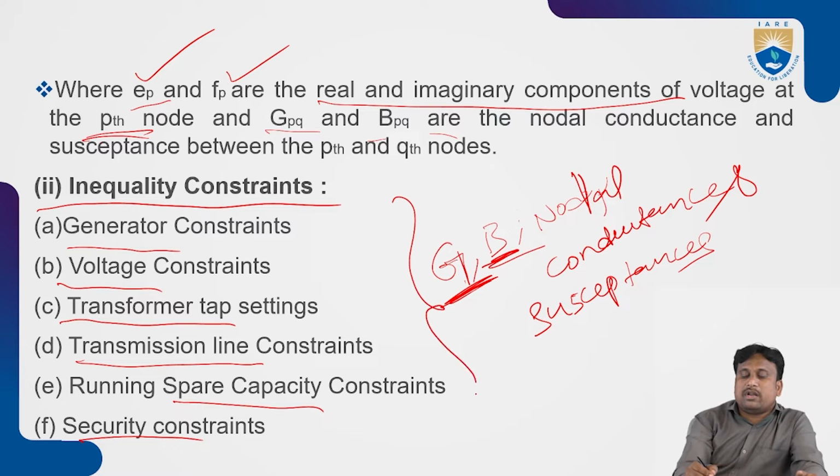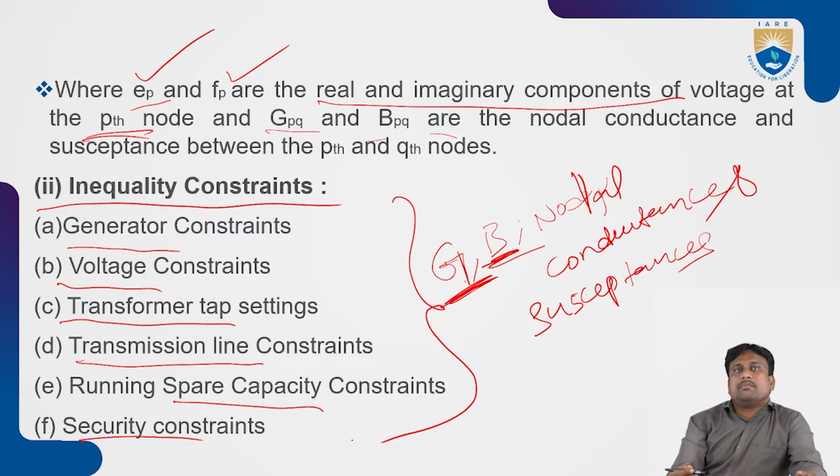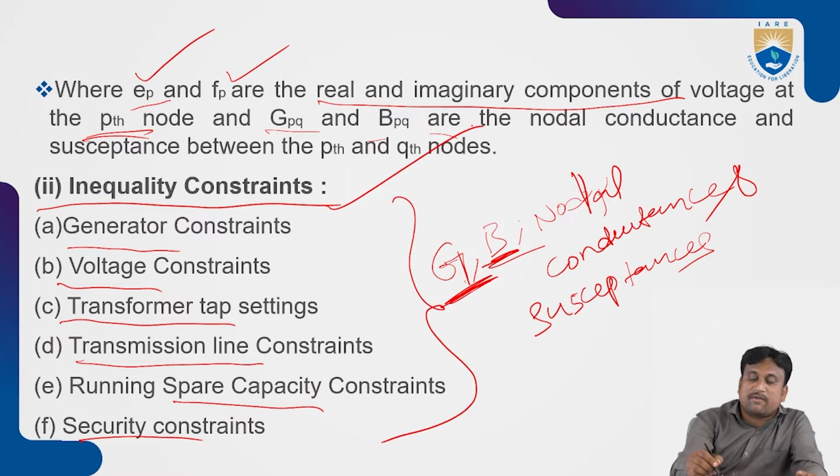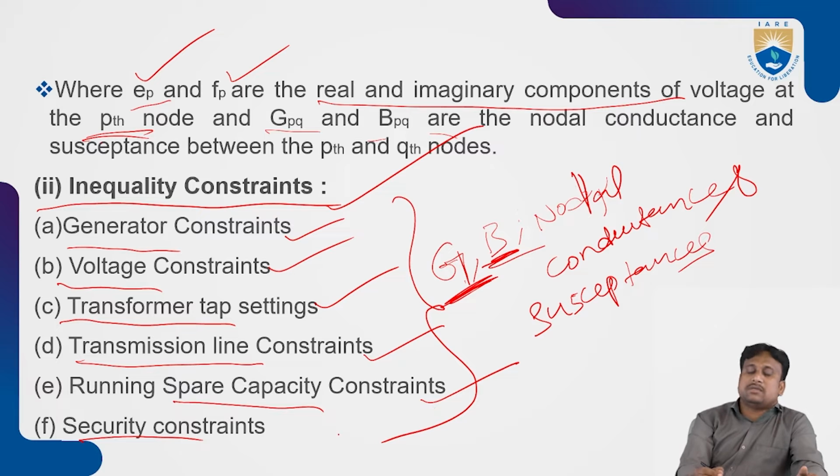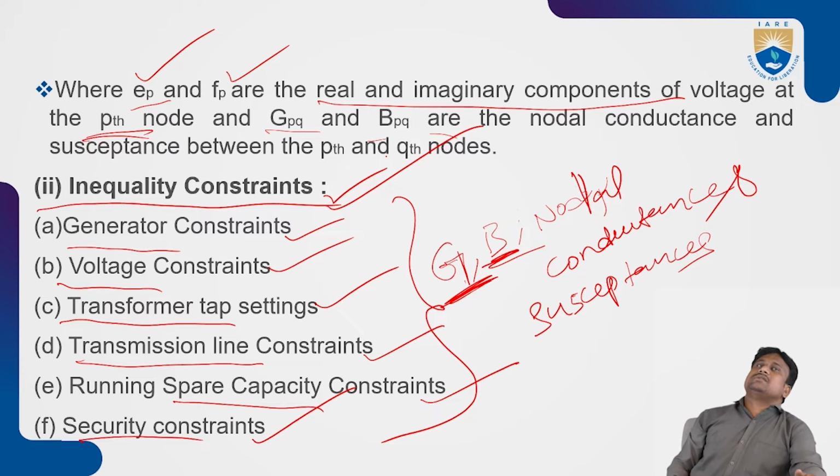All these combinations may be defined as inequality constraints. So we may obtain inequality constraints from generator constraints, voltage constraints, transformer tap settings, transmission line constraints, running spare capacity constraints, and security constraints. These will give you the resultant inequality constraints.